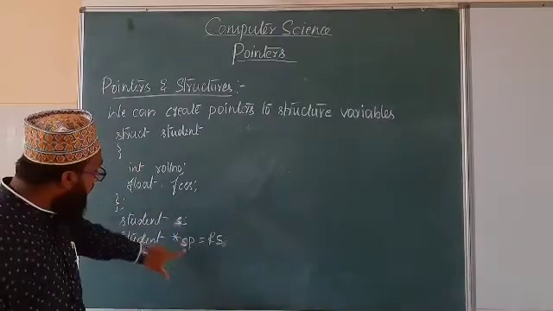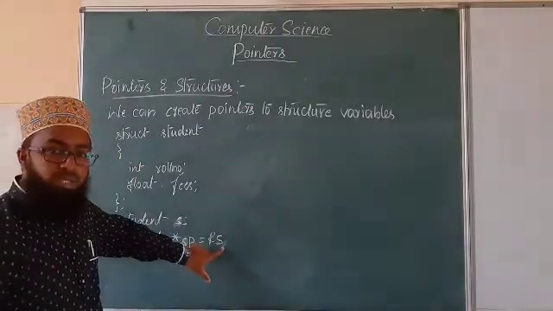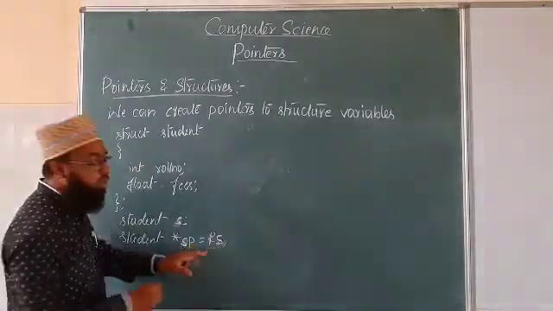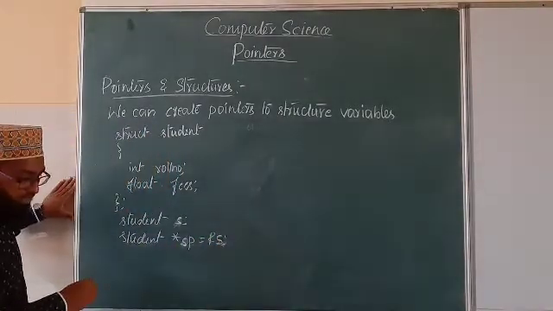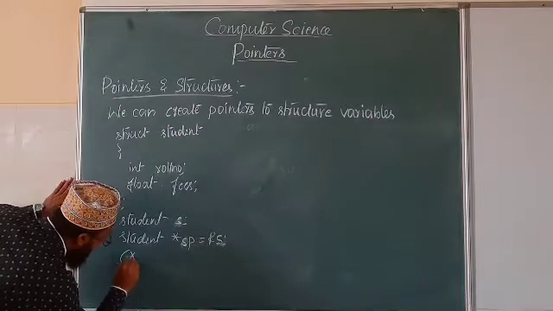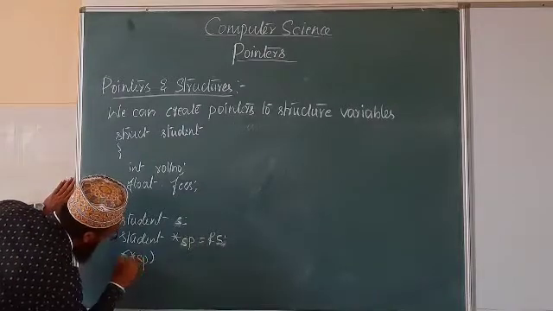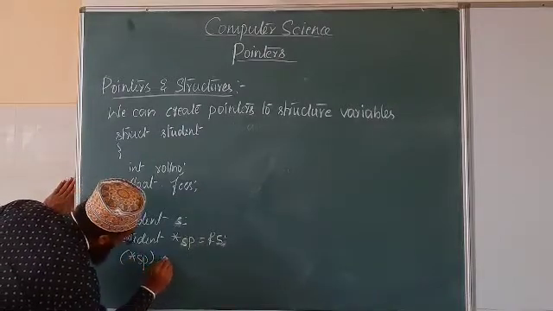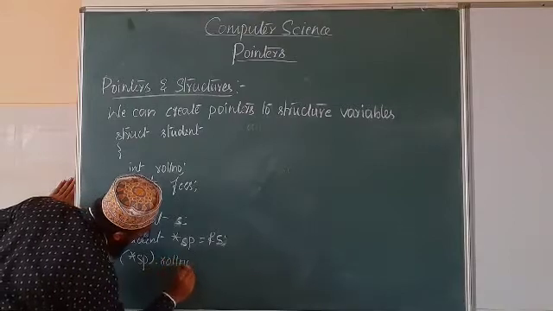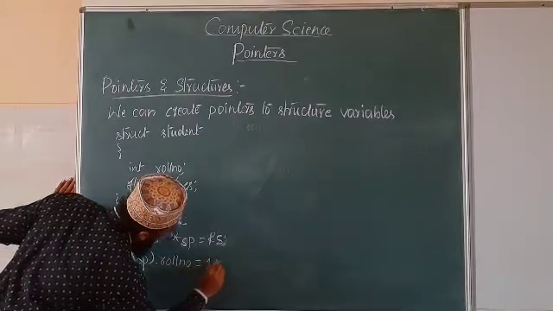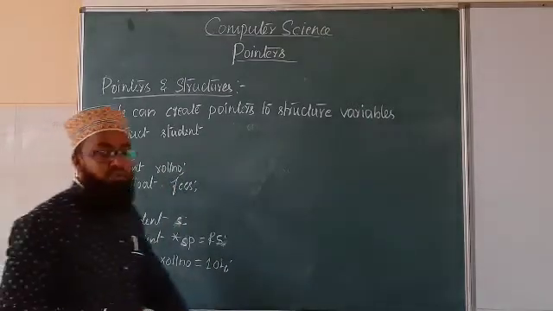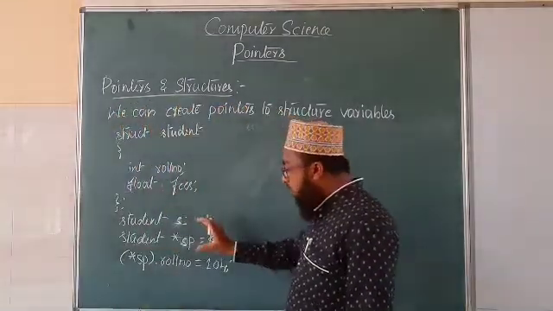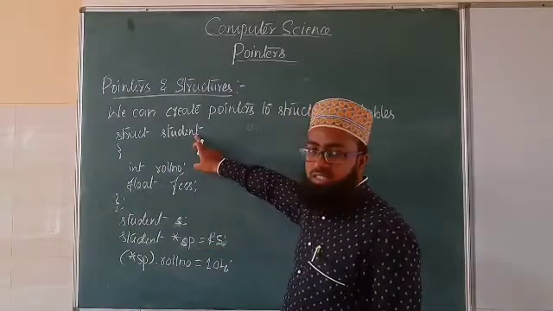Here pointer sp is assigned, meaning it holds the address of s. Now we are using the pointer sp: sp dot roll number is equal to 104.